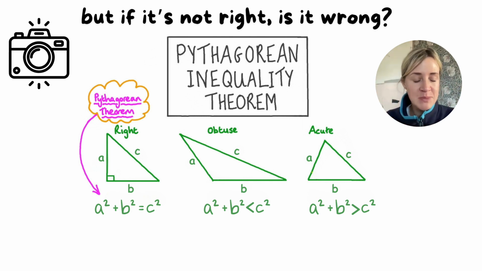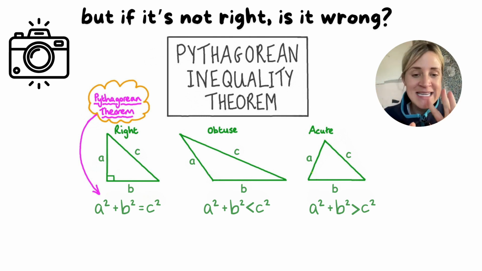If a squared plus b squared is less than c squared, so the amount on the left is less than the amount on the right, it's going to be an obtuse triangle. If a squared plus b squared is greater than, so that number is bigger, the alligator eats the bigger number, than c squared, then it's an acute triangle.